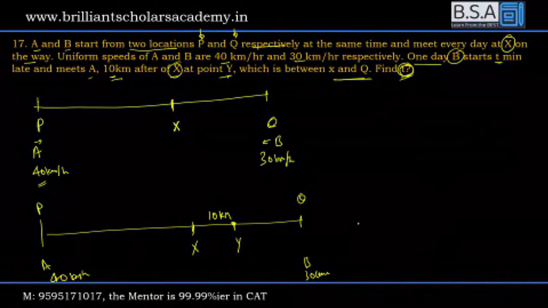So one very simple observation: every day, A starts his vehicle, B starts his vehicle together at the same time. They meet at X. अभी B late है, let us imagine.